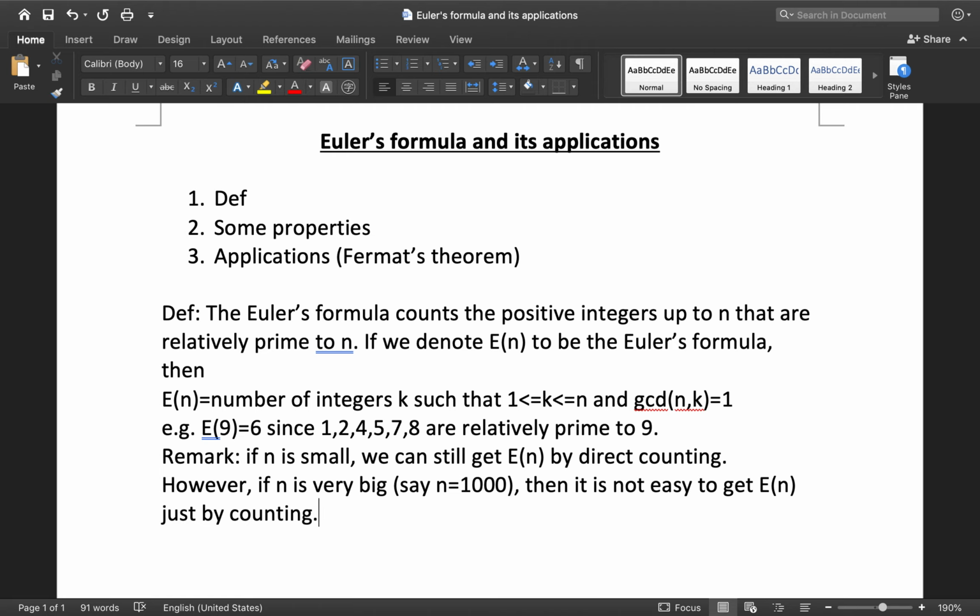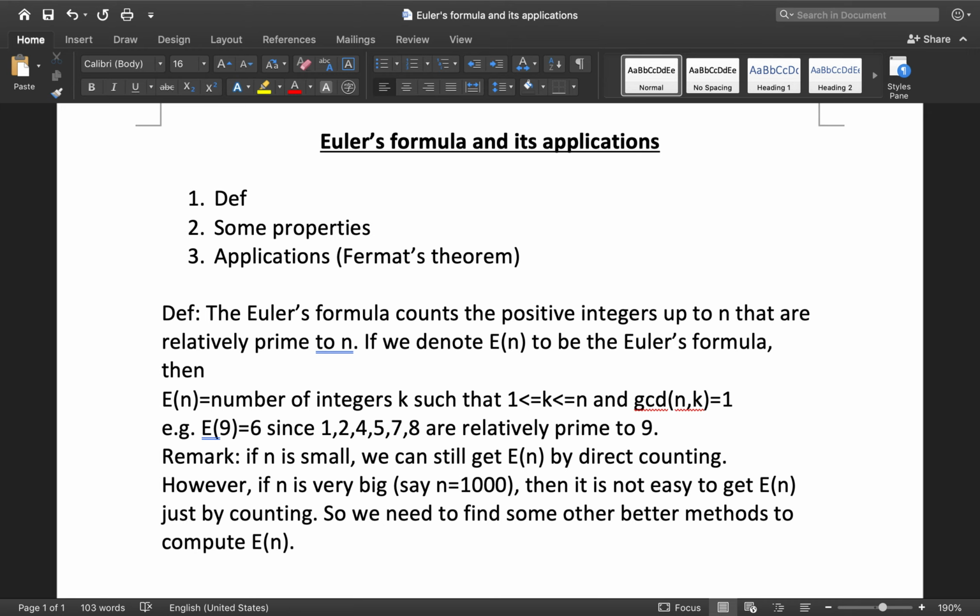You have to count all those integers between 1 and 1000 which are relatively prime to 1000, and there are quite a lot. So that's why we need to find some other better methods to compute En, rather than always referring to the definition.